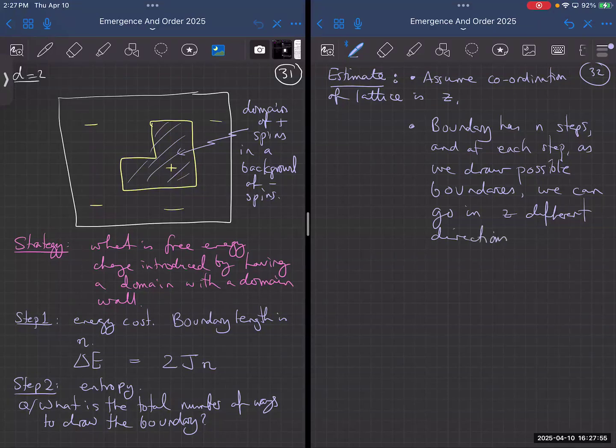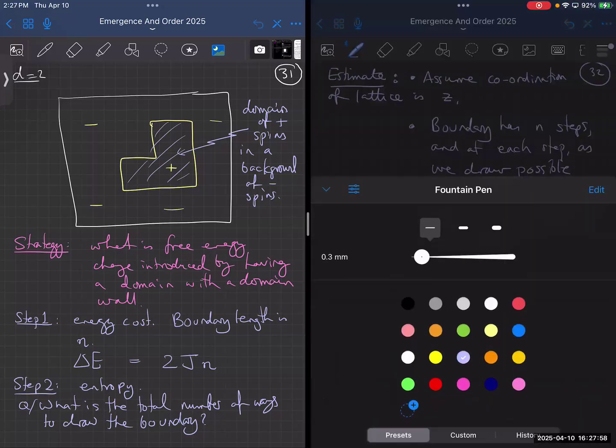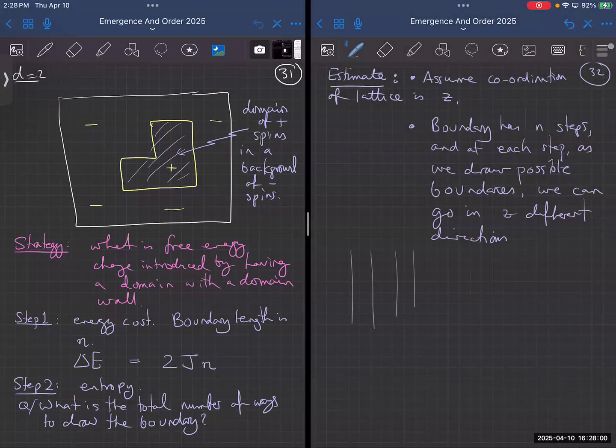So I'm going on a lattice. Let's draw the lattice. My lattice is going to be very simple. And now I'm saying, show me how many ways are there that I can draw a domain wall with n steps. So you can say, well, I start off over here, and then I go in this direction, then in this direction, and so on and so forth. And so at each step, the lattice has got nearest neighbors that I can go to. So I've got z different, not n, z different directions.